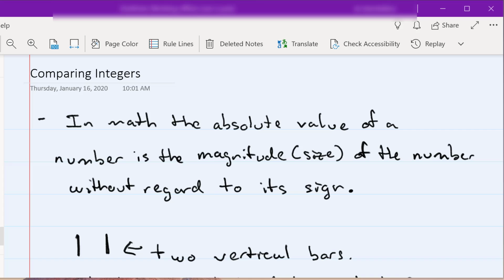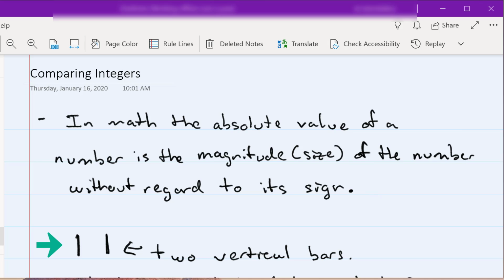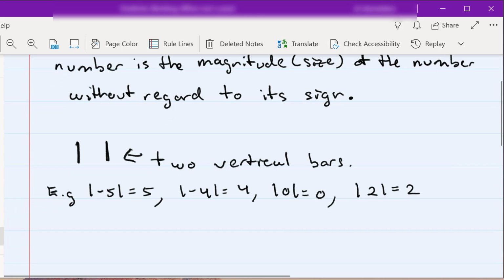In math, the absolute value of a number is the magnitude or size of the number without regard to its sign, and it's denoted by two vertical bars. So for example, if we have two vertical bars and a number inside, as in the first case, it's read as the absolute value of -5 is equal to 5.